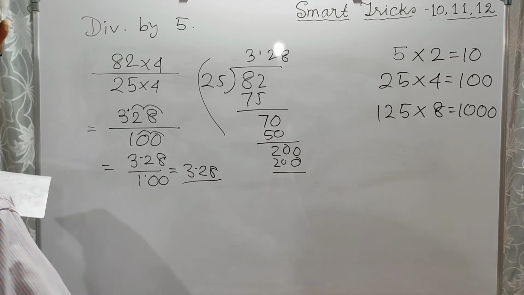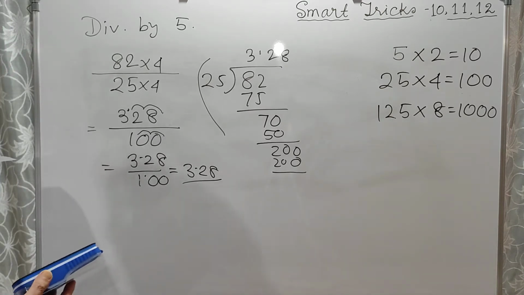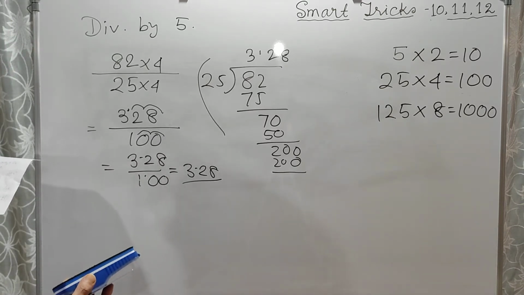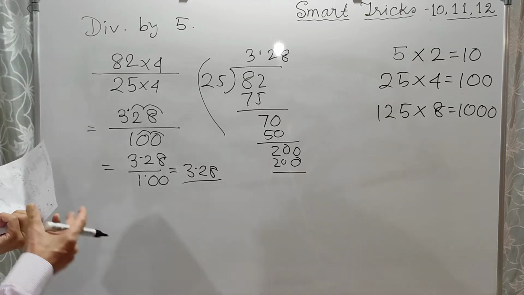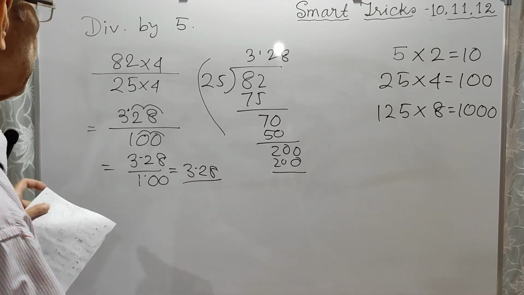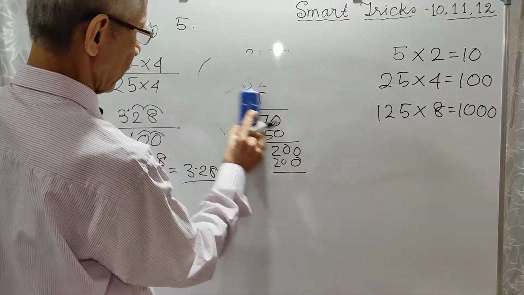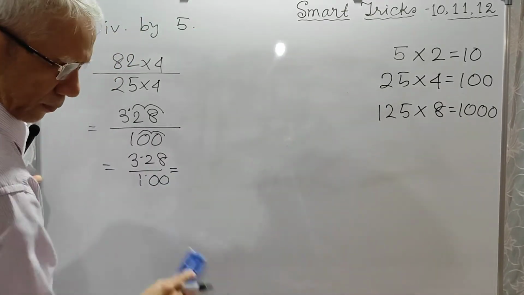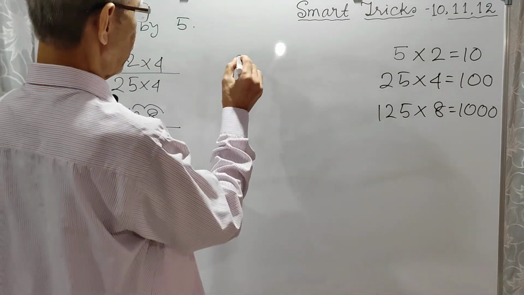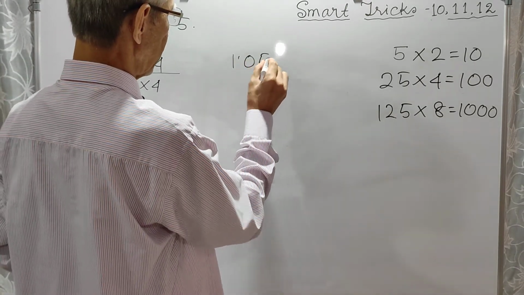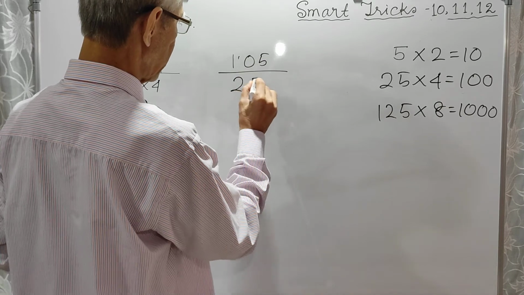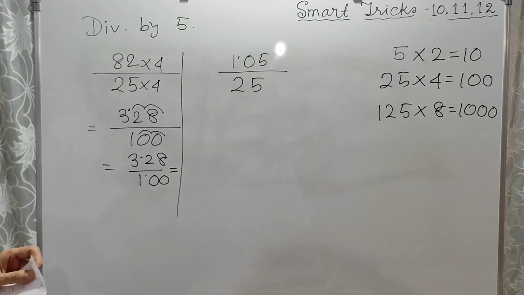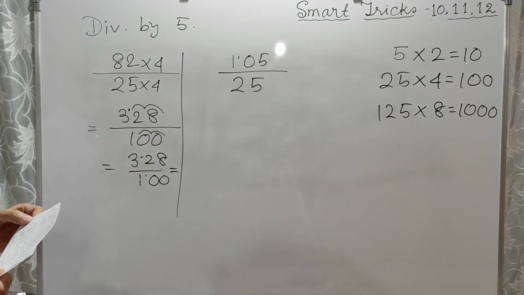All right. Now let us see another example. Suppose this one, 1.05 divided by 25. Let us see this one. 1.05 divided by 25.